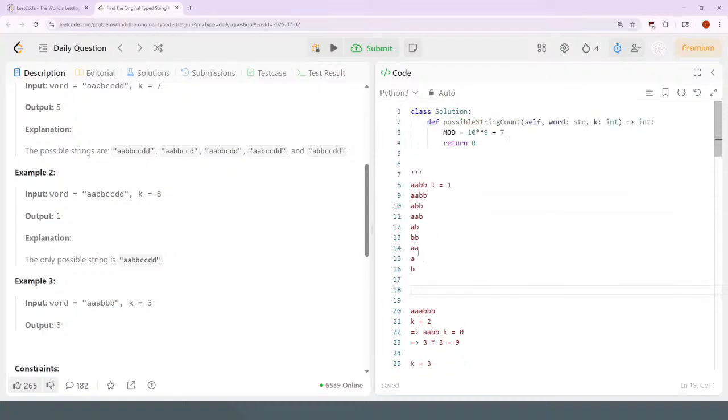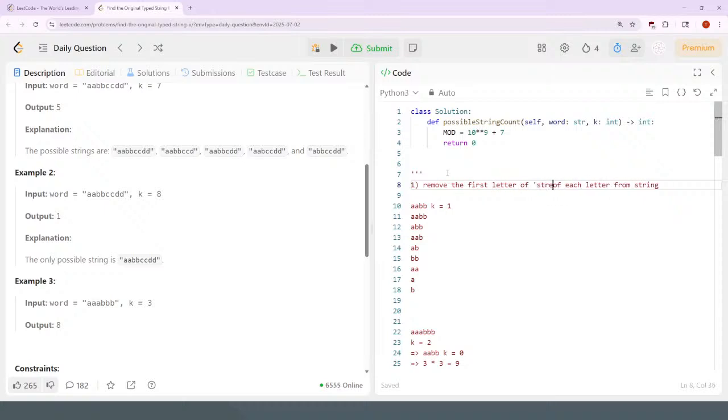Okay, so I guess my breakdown of this would be: 1, remove the first letter of each kind of streak from the string, and decrement K for it, as that letter must be part of the intended string.